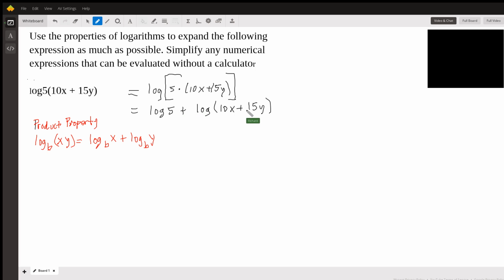Now, the other thing you might be wondering about is this log base b. What's the base here? It hasn't been written out. It turns out that this is called the common logarithm. If there's no base written, log base 10 is implied. Sometimes you'll see the natural logarithm also, and that is log base e.